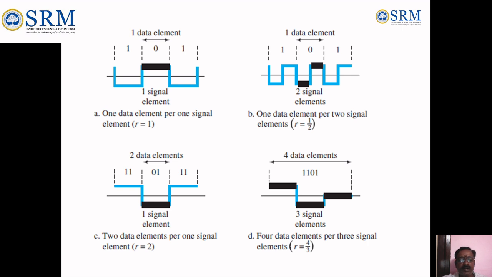The third diagram shows two data elements per one signal element. R is equal to 2. Here, two data elements occupy a single signal element. The fourth one represents 4 data elements per 3 signal elements. R is equal to 4 by 3.